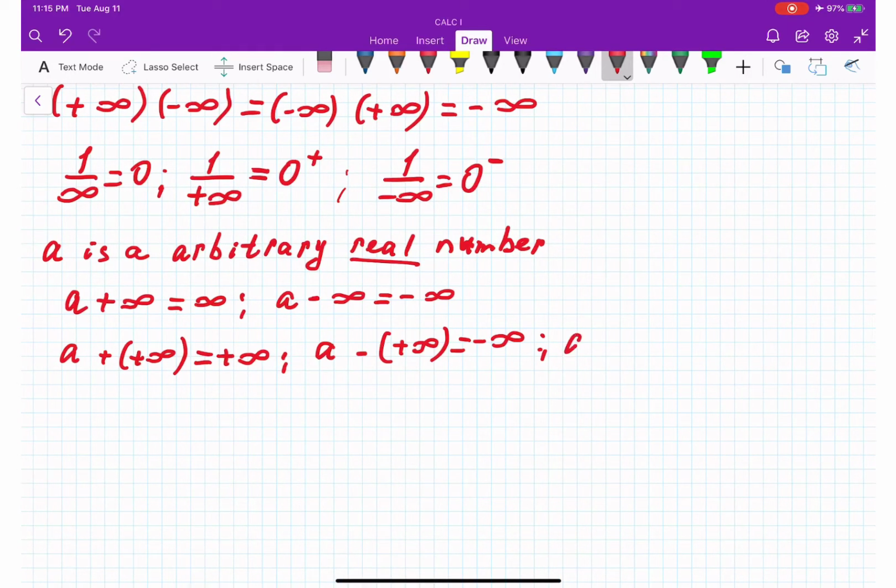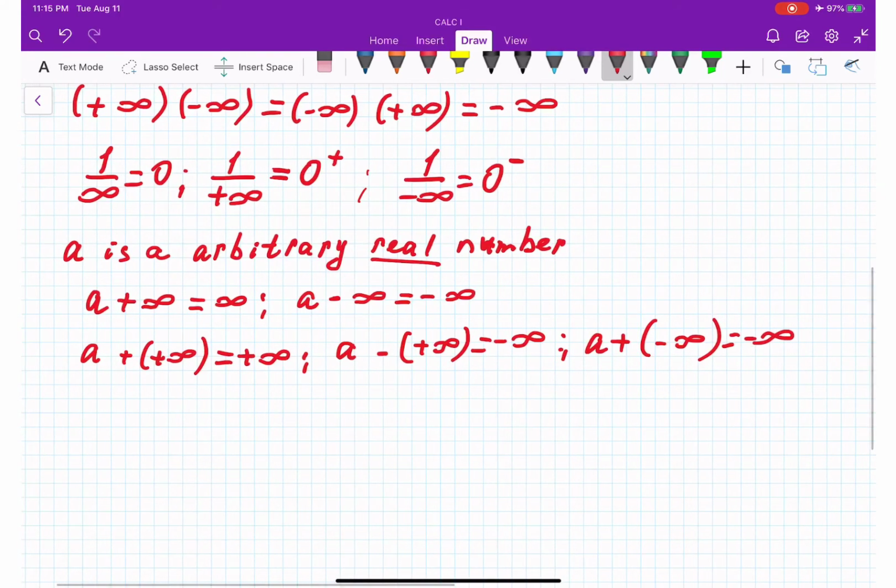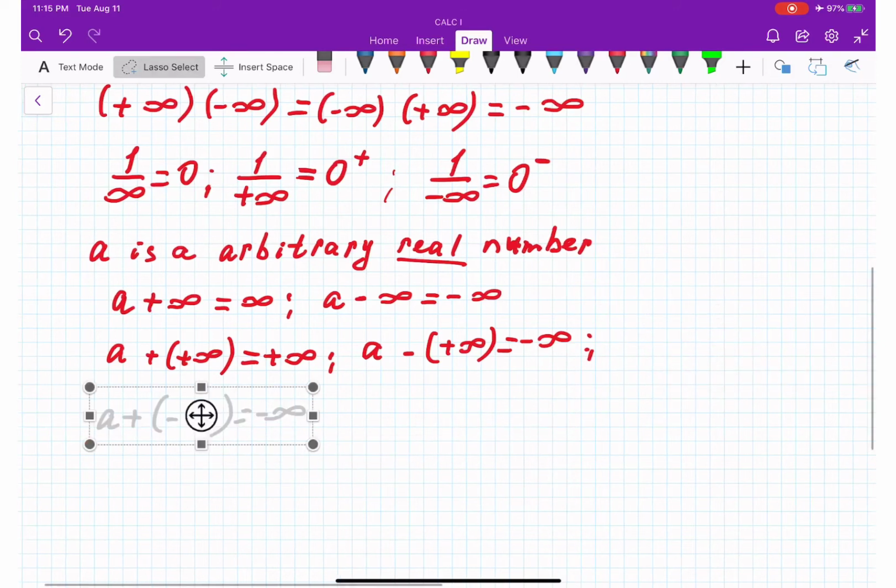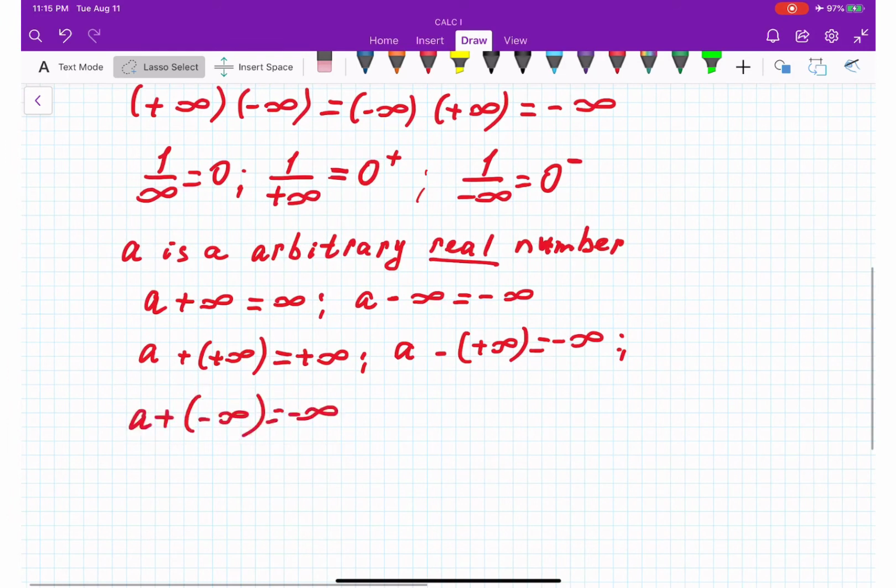A plus negative infinity. Again, it's going to be negative infinity. Let me move on this side so we won't go beyond the page.